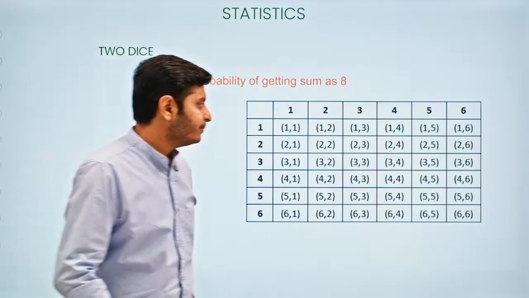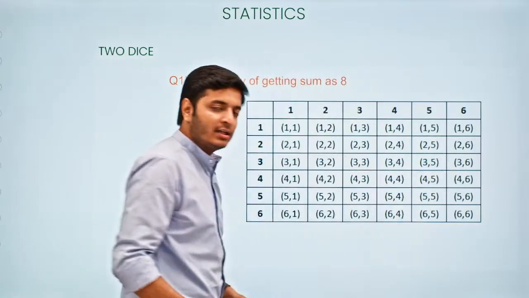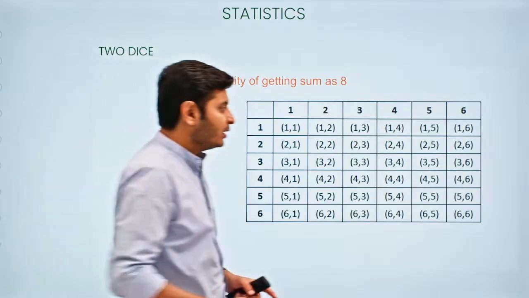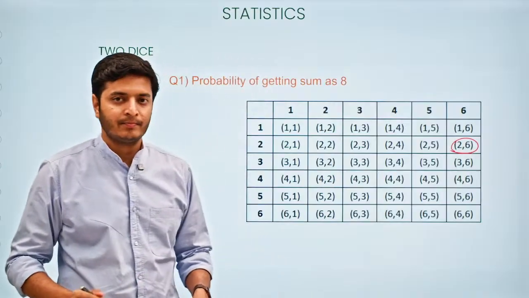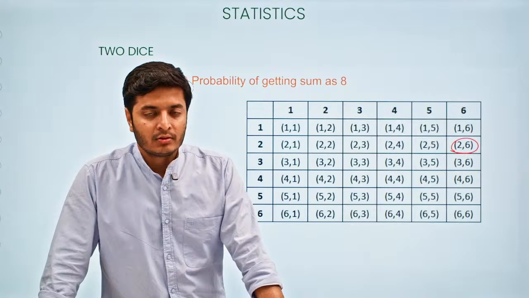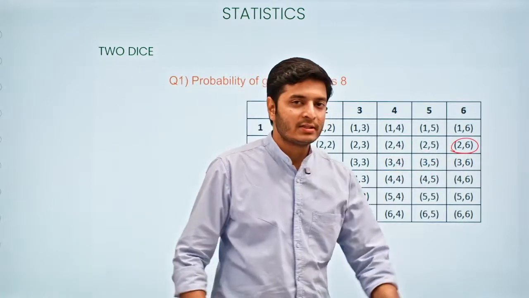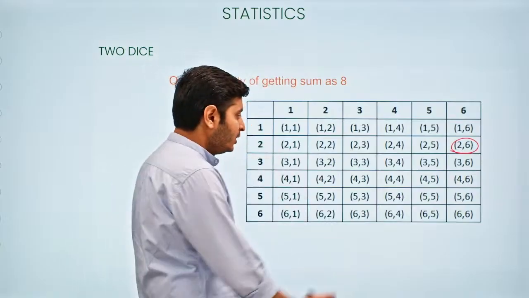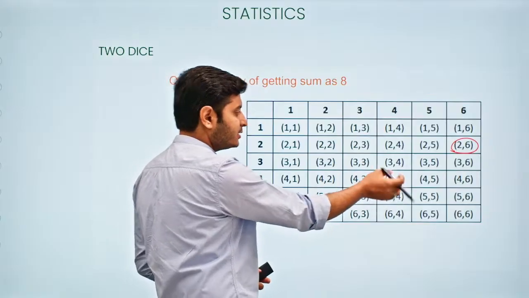When can the sum be 8? Okay, let's see. Till here it is 2 plus 5, that is 7. But look at this outcome, 2, 6. It means first die is showing 2, the other one is showing 6. So what is the sum here? 2 plus 6, 8, exactly. In this line, 3 plus 1, 4, 3 plus 2, 5, 3 plus 3, 6, 7.